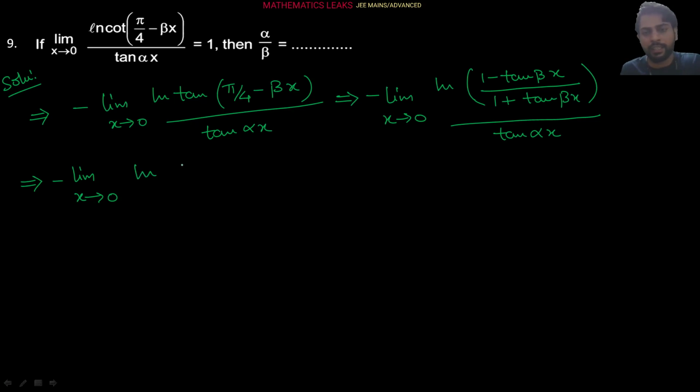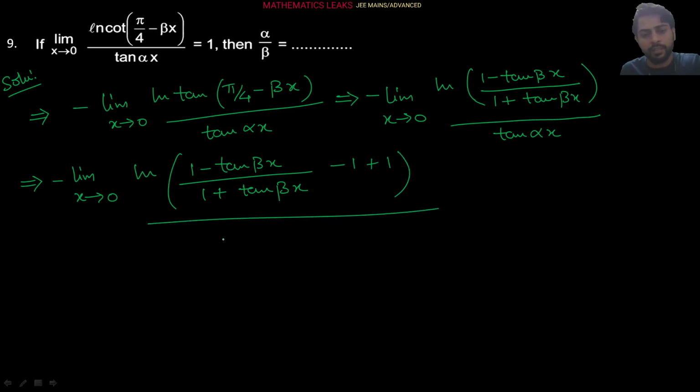So I am writing here 1 minus of tangent of beta x upon 1 plus of tangent of beta x, and then here minus 1 plus 1, whole upon tangent of alpha x, right?